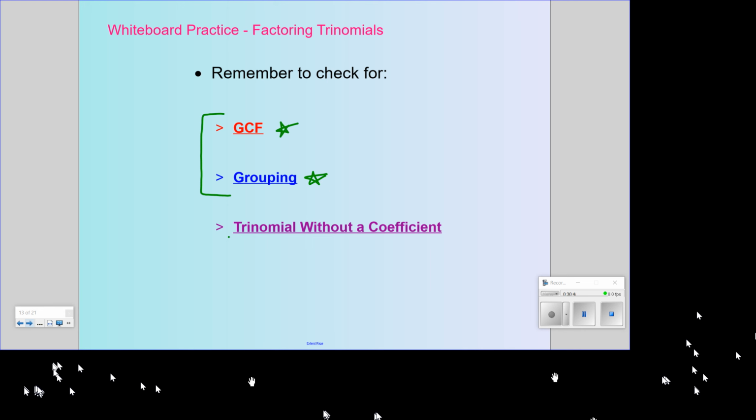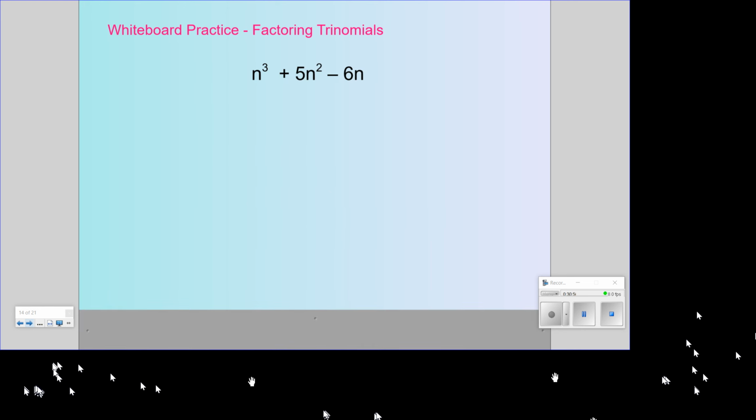There are whiteboard practice problems through here, so what I'm going to do is just click through these and reveal the answer so that you can pause, work it out, and see the answer to check your work as you go. So always looking for a GCF first. This problem has one, and I'll leave you with that. You can pause and click play as you need to.